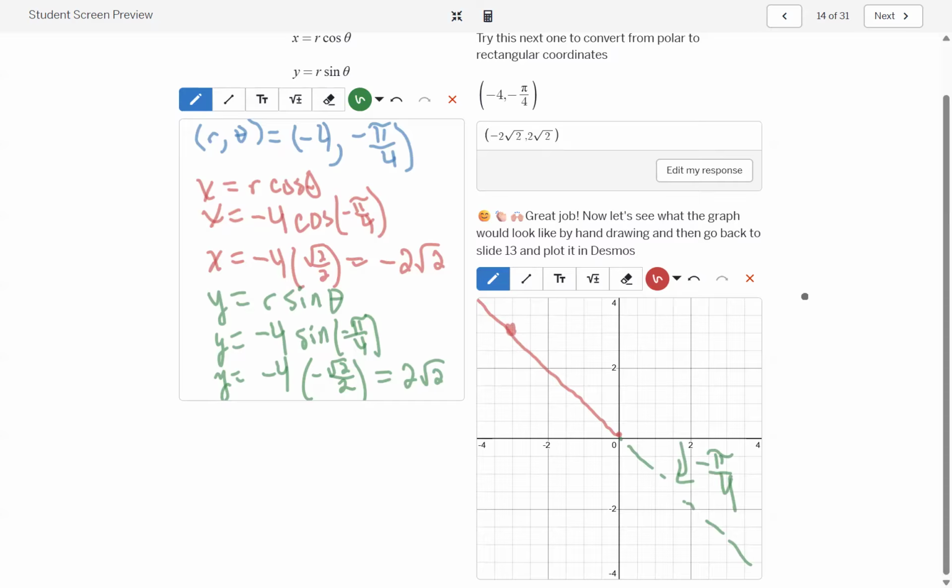That puts us somewhere about there, where this distance is 4 units, but the negative sign is giving it some direction. Now my xy pair, negative 2 square roots of 2, I go left a number and go up a number, and that gets me to the same location.